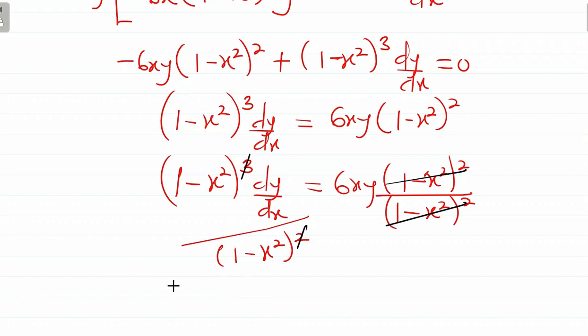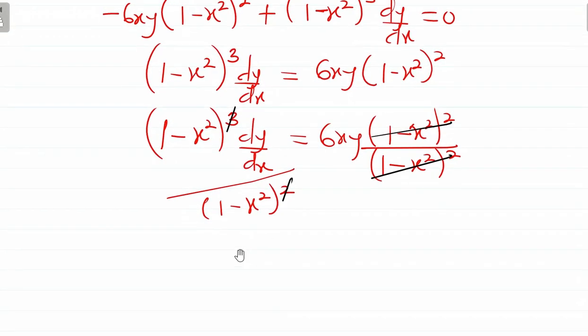Let's write it properly. So here we continue by saying (1 − x²) dy/dx is equal to 6xy. And finally, we have the solution as demanded by the question.